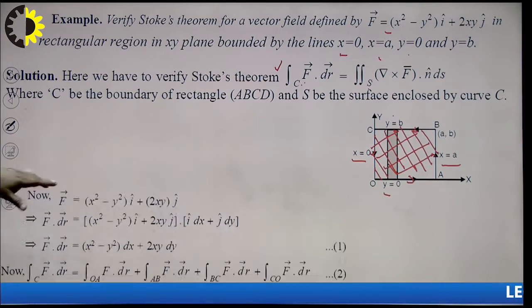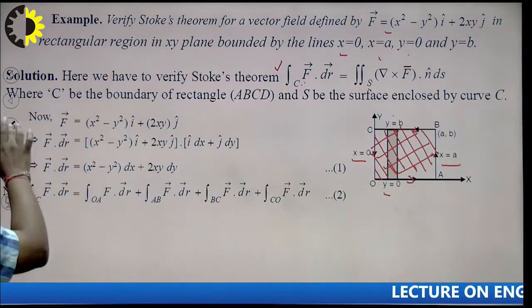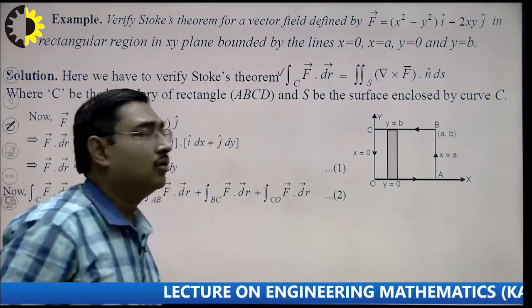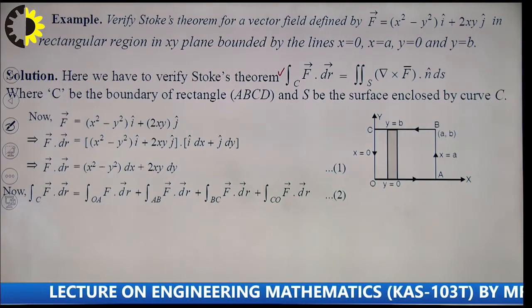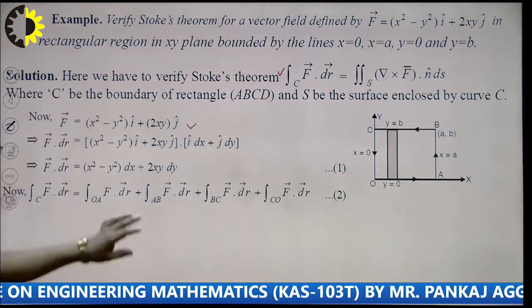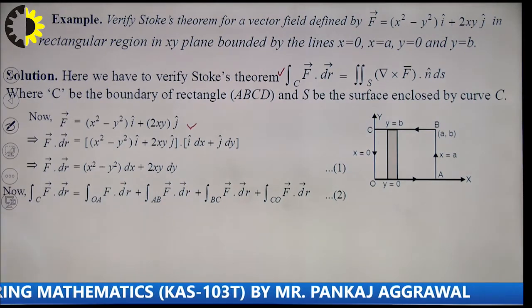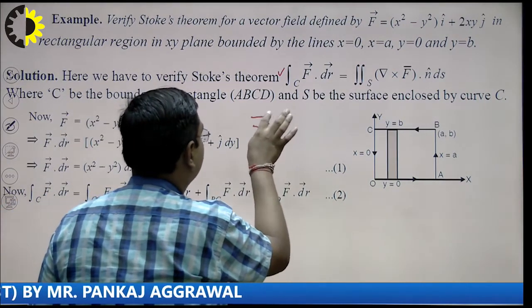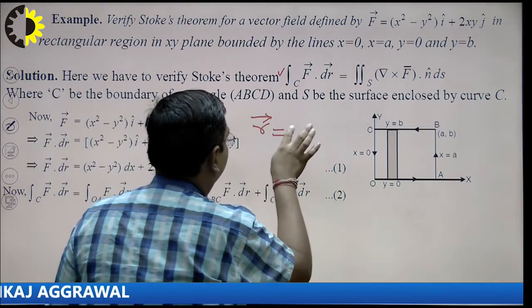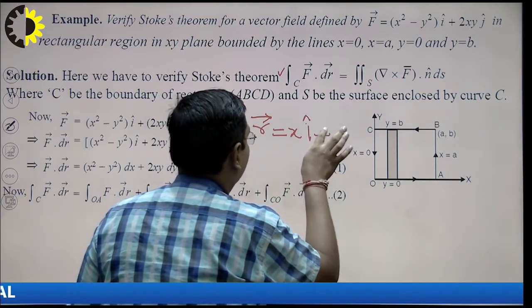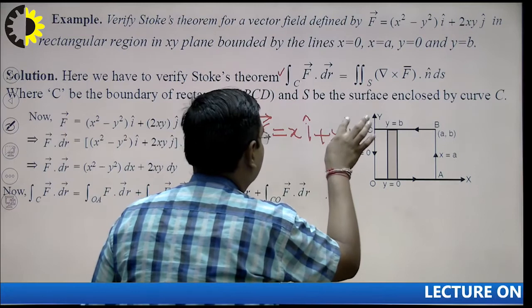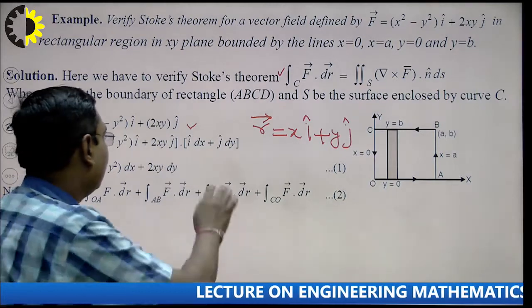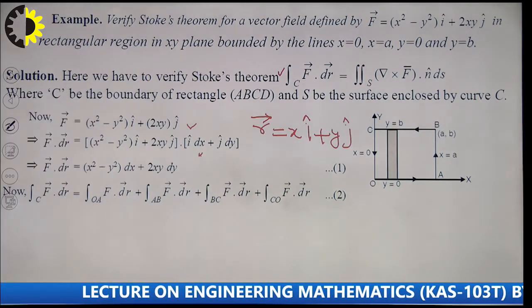Now we first calculate this integral over C f dot dr. Here f is given to be (x square minus y square) i cap plus 2xy j cap. We remember that vector r was x i cap plus y j cap if we are working in the xy plane, because that component is 0. So dr will be dx i cap plus dy j cap.